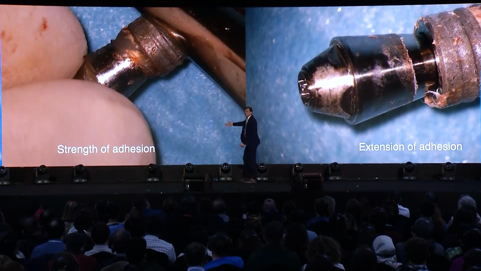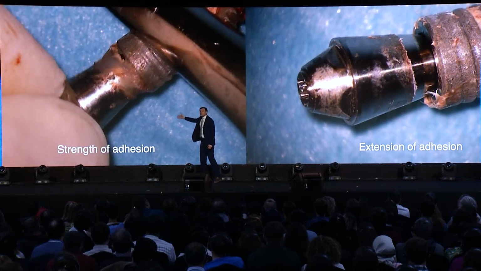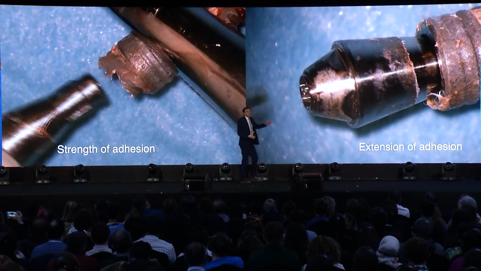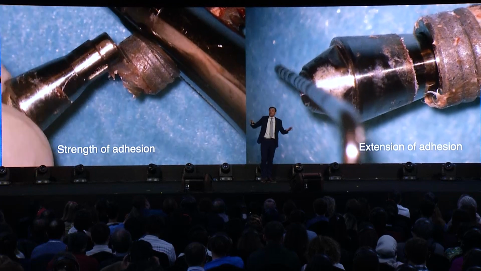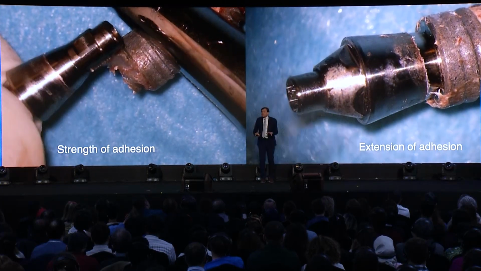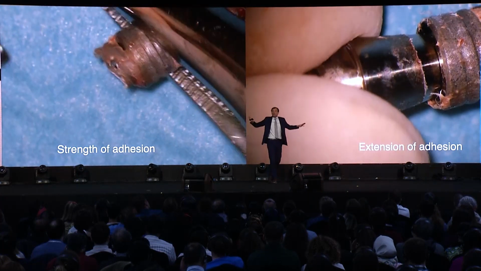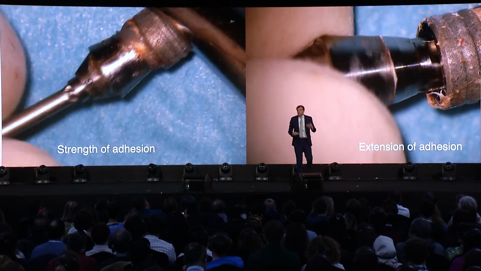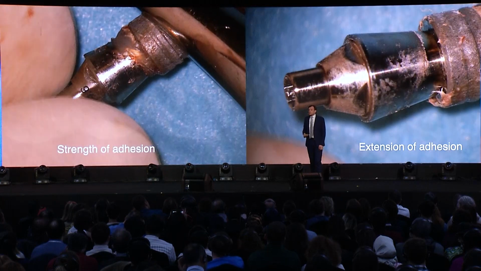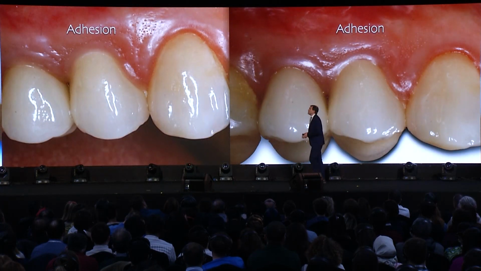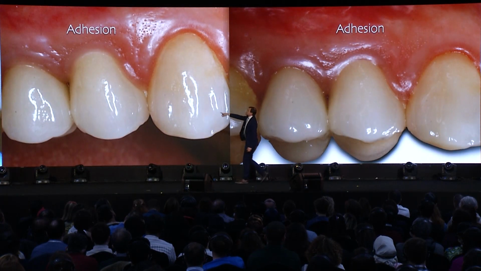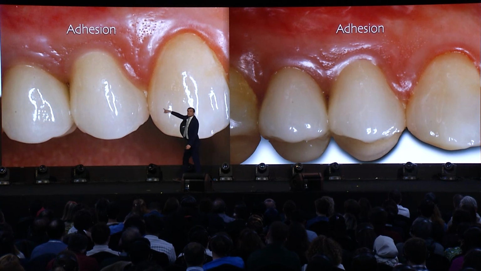Apparently, it differs. Some materials have better gluing, but some materials spread more on the surface. The ideal material would be strong, and also the cells would glue all over that material to give protection to the implant. That's, I think, the ideal adhesion.